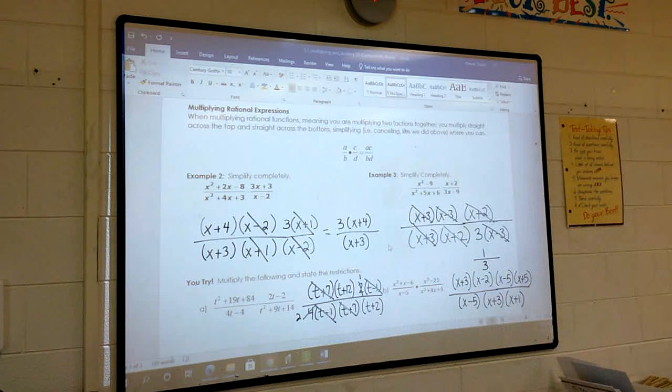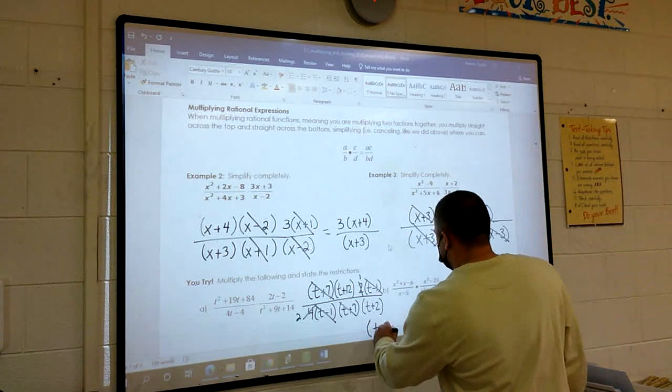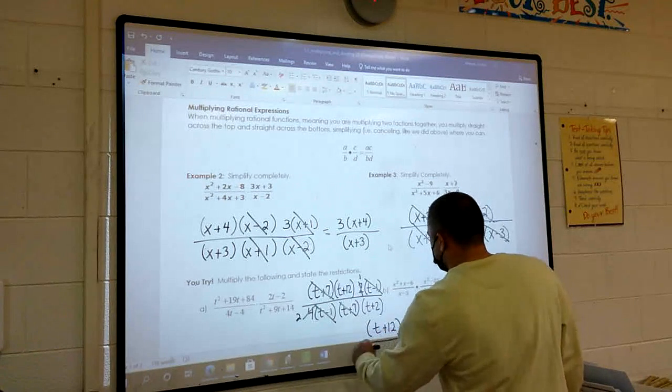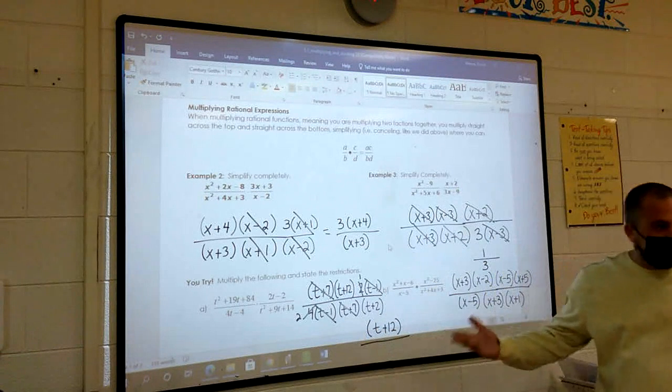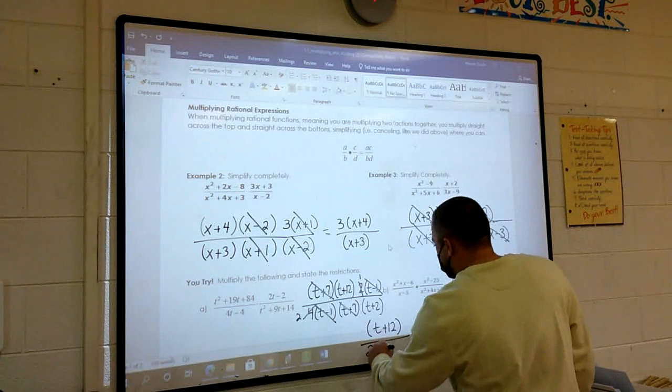So that 1, though, is not really necessary because you already have the t plus 12 up there. So up top, you have t plus 12. You really have a 1, but you don't need to write that. On the bottom, you now have a 2, and you have t plus 2.